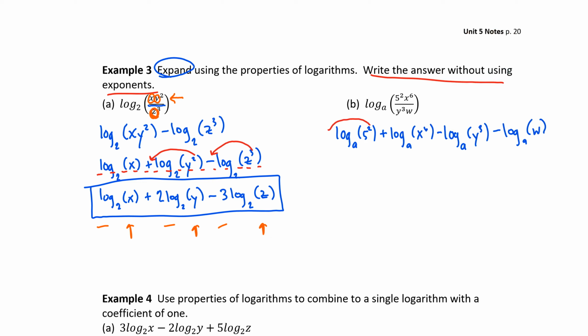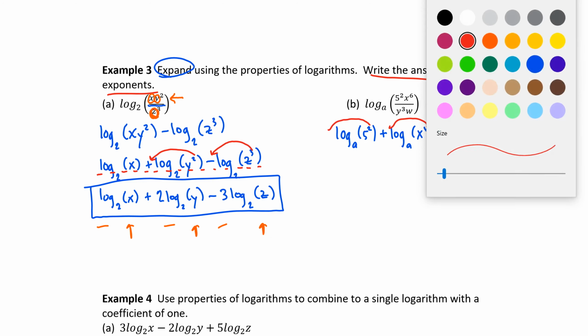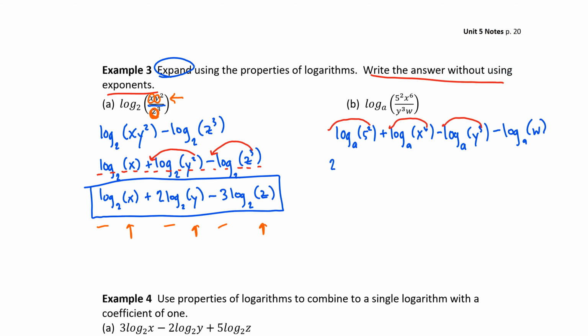So every single exponent is going to move to the left as a coefficient. We end up with 2 log base A of 5 plus 6 log base A of x minus 3 log base A of y minus log base A of w.